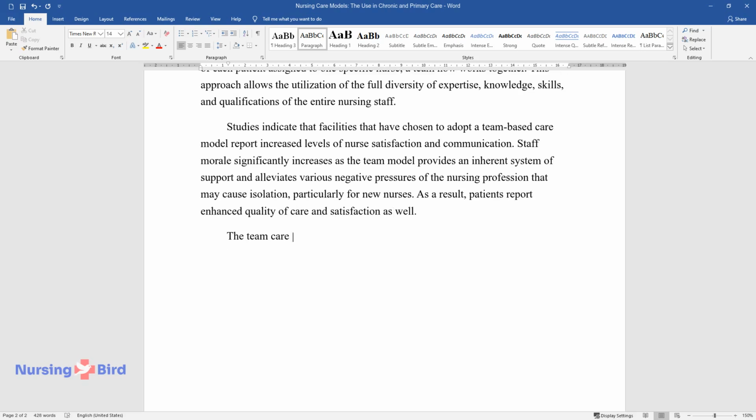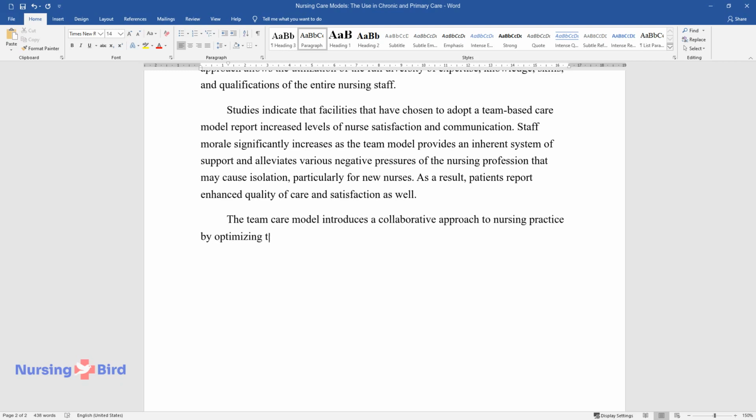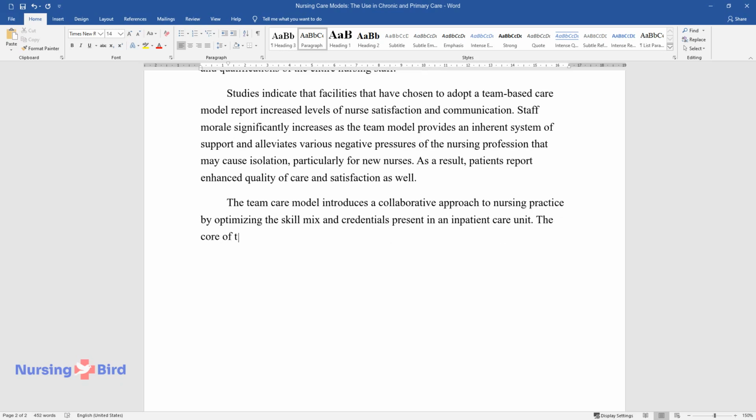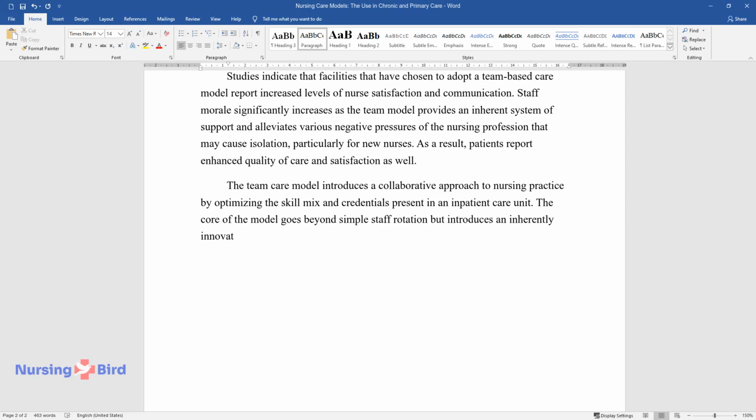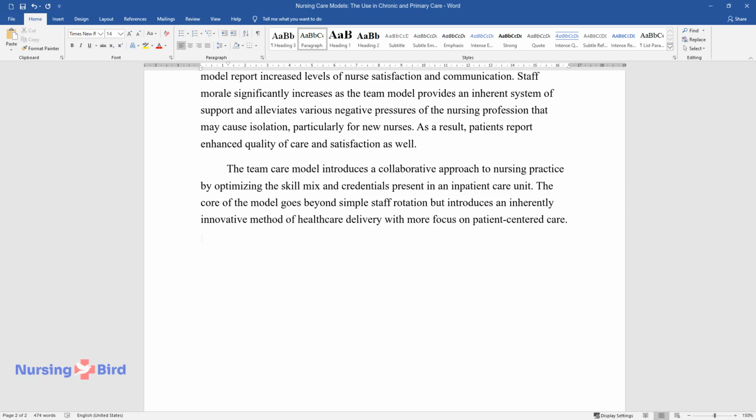The team care model introduces a collaborative approach to nursing practice by optimizing the skill mix and credentials present in an inpatient care unit. The core of the model goes beyond simple staff rotation but introduces an inherently innovative method of healthcare delivery with more focus on patient-centered care. The team model allows providers to implement new care processes or to lead evidence-based practices.